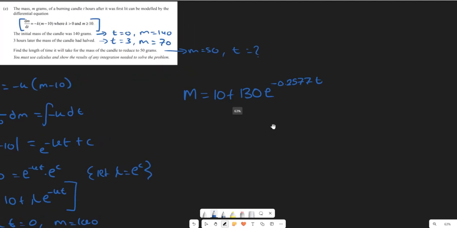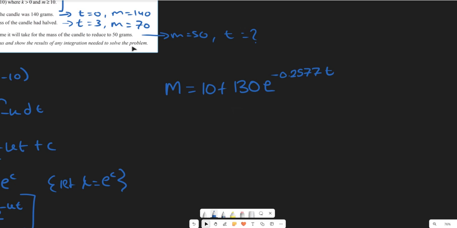Since we know that M equals 50 grams, we can just take this 10 to the other side and write 130 e to the negative 0.2577t is equal to 40. And so e to the negative 0.2577t is just going to be 4 on 13.